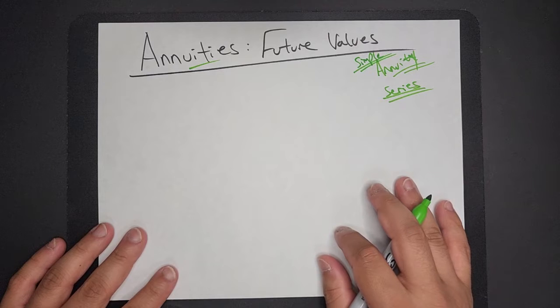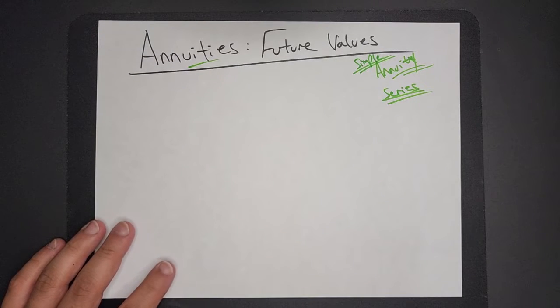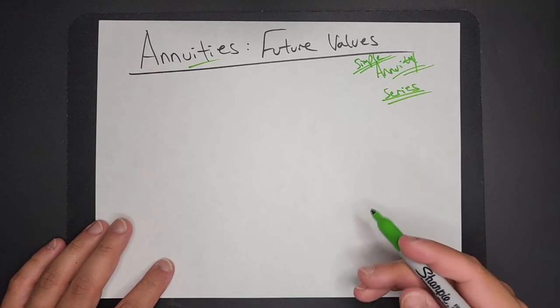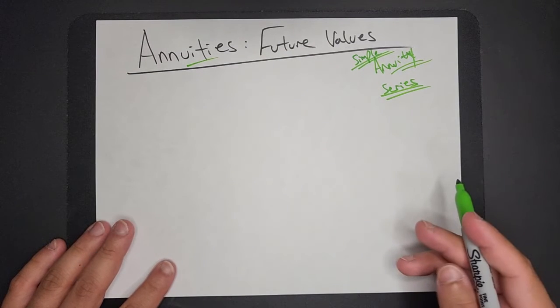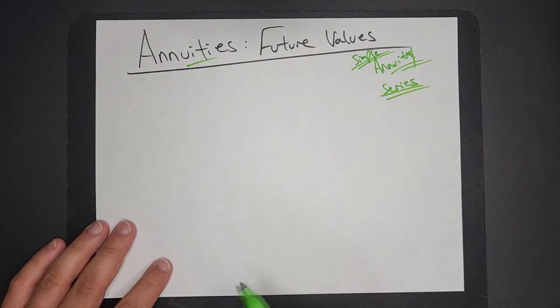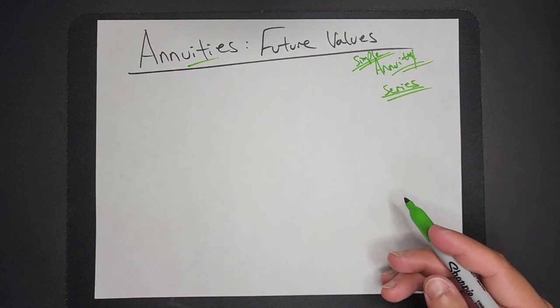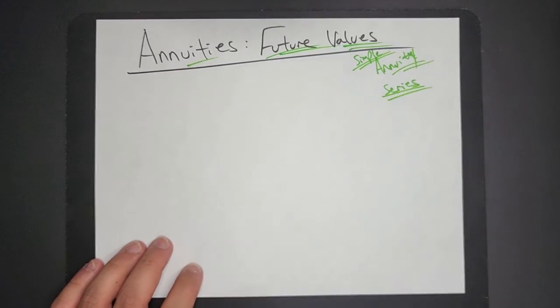What this means is we're going to be looking at, how should I put it, payment plans and whatnot, regularly paid or regularly invested, and all of them will have interest compounded regularly on them, and we're going to try to calculate the future values on these payments.